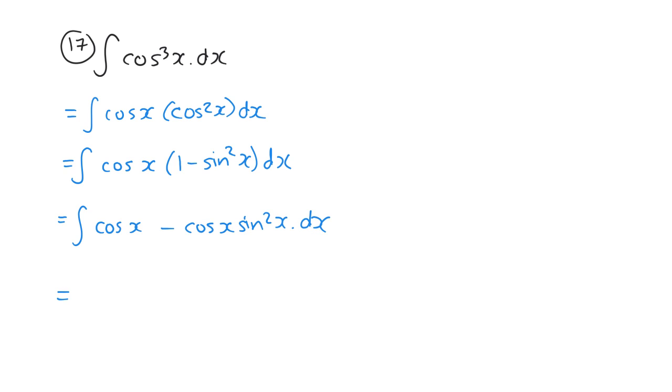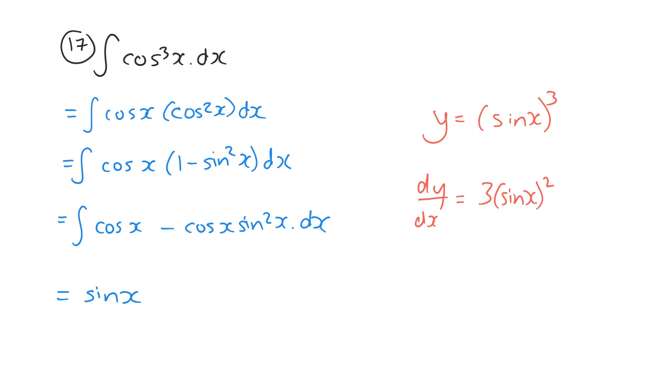Okay, so integrate cos, we get sine. Our second term then, our guess is going to be 1 more than sine squared, so sine cubed. When we differentiate that, we would get 3 sine squared x, differentiate sine, we get cos.